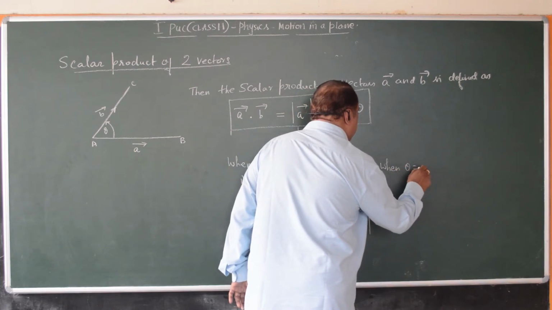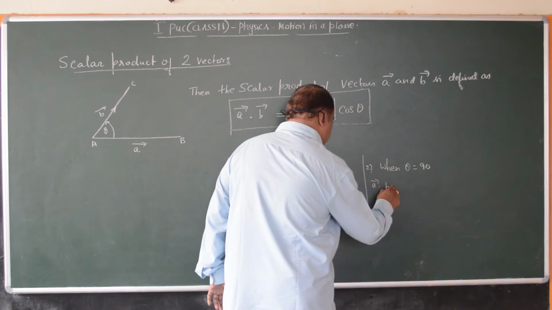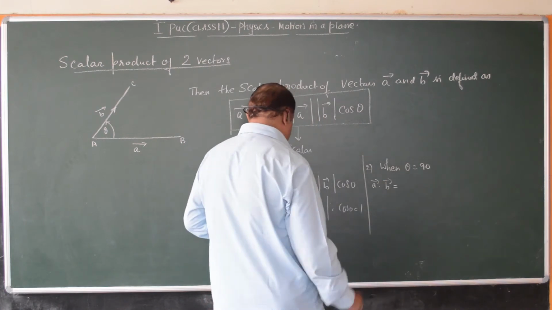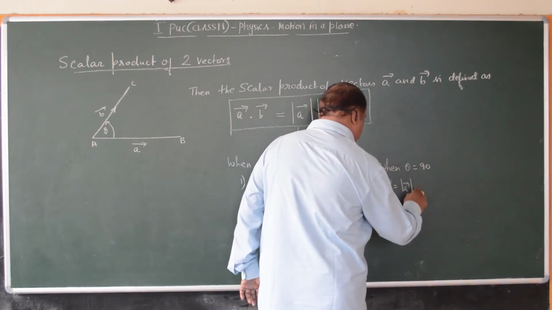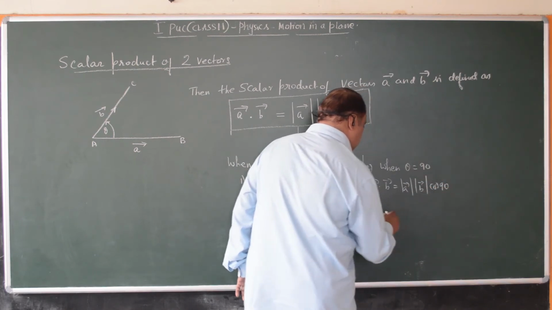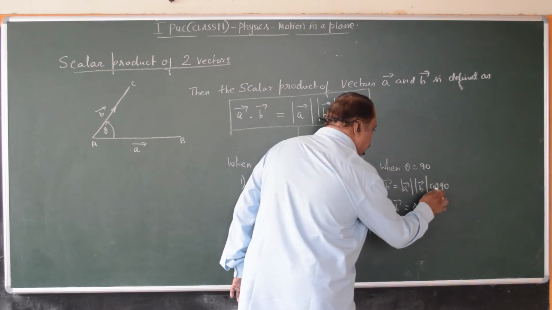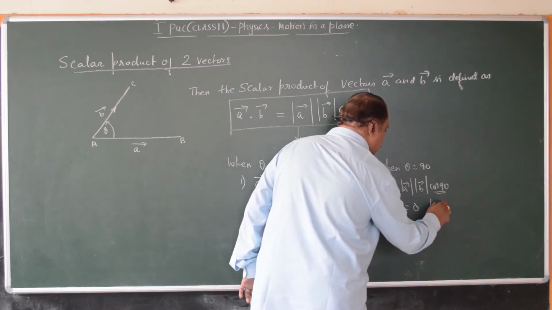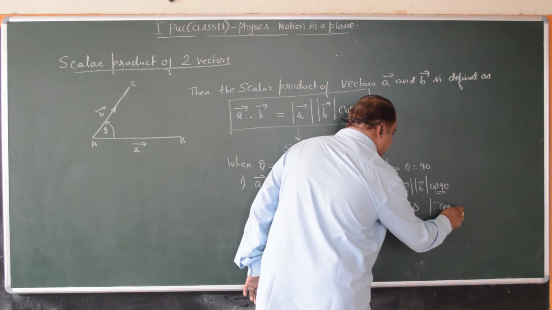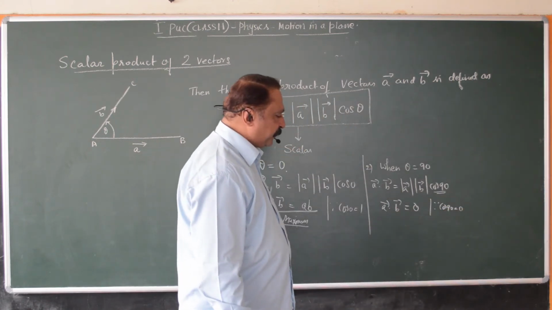When theta is equal to 90 degrees, then vector A dot vector B is equal to magnitude of vector A into magnitude of vector B into cos 90, or vector A dot vector B is equal to 0, because cos 90 equals 0.